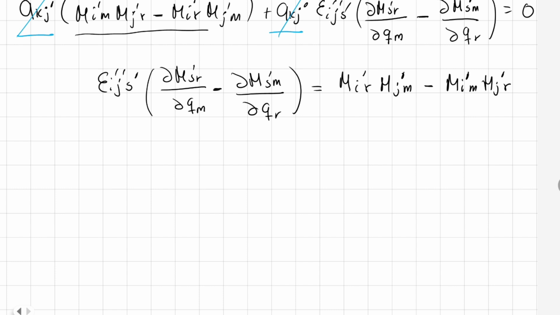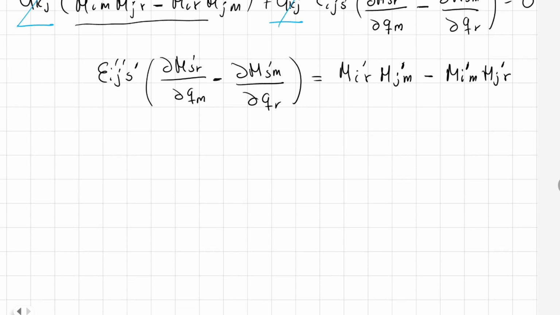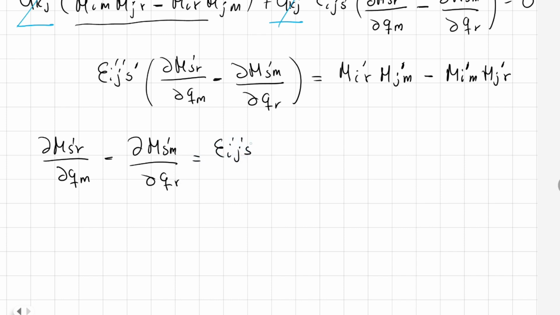Now, well, this is already the important result of this lesson. But we are going to rewrite it in a different way that will be more useful in the future. For now, we are going to show that the partial of m as r with respect to qm minus the partial of m as m with respect to qr is equal to the Levi-Civita ijs mir mjm.